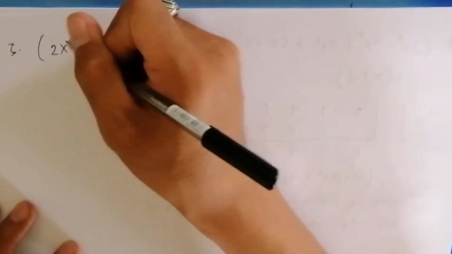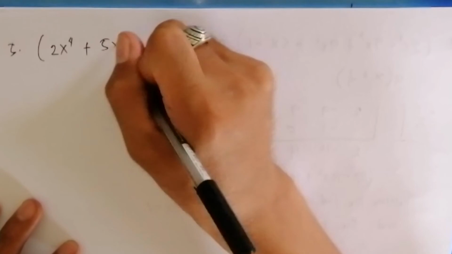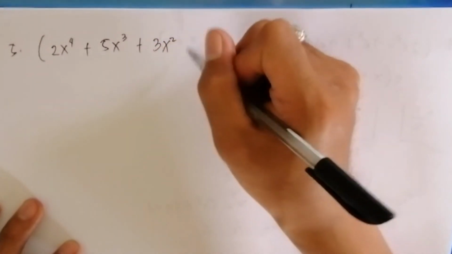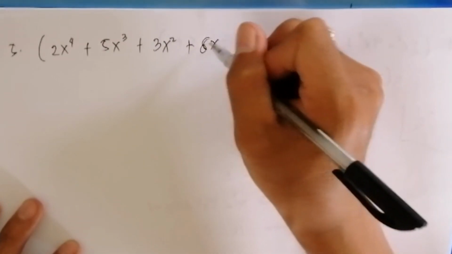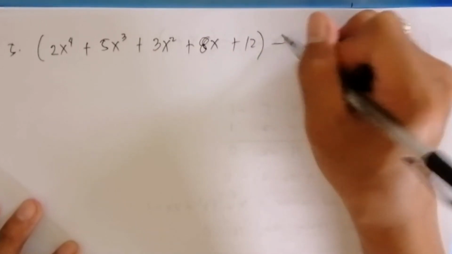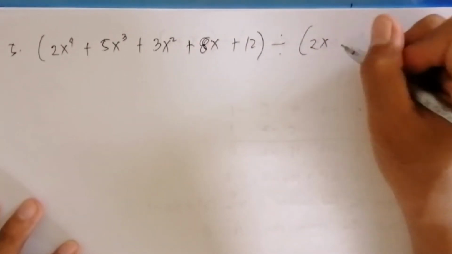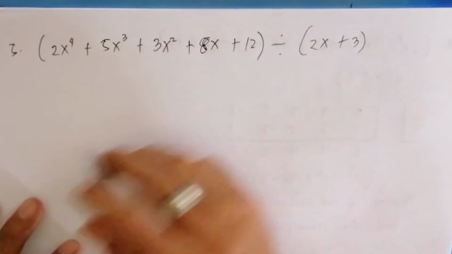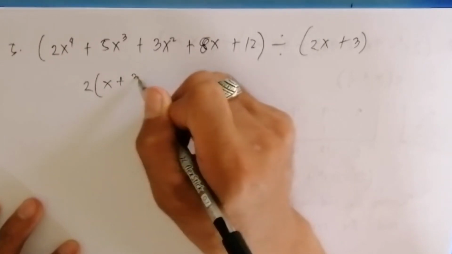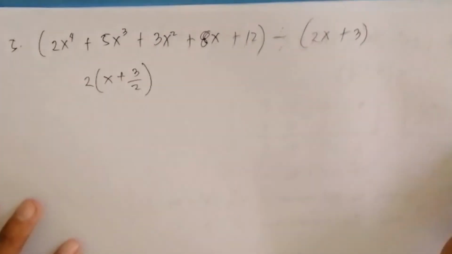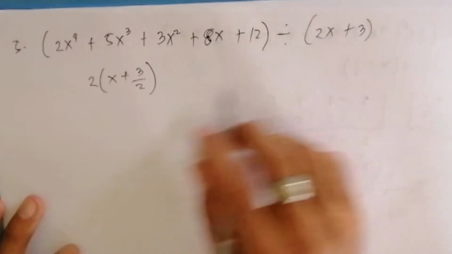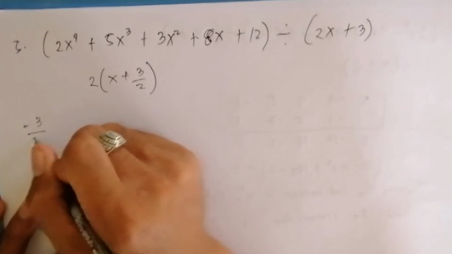2x raised to 4 plus 5x cubed plus 3x squared plus 8x plus 12, divided by 2x plus 3. So the factor of this 2, we have x plus 3 halves, so we have negative 3 halves.